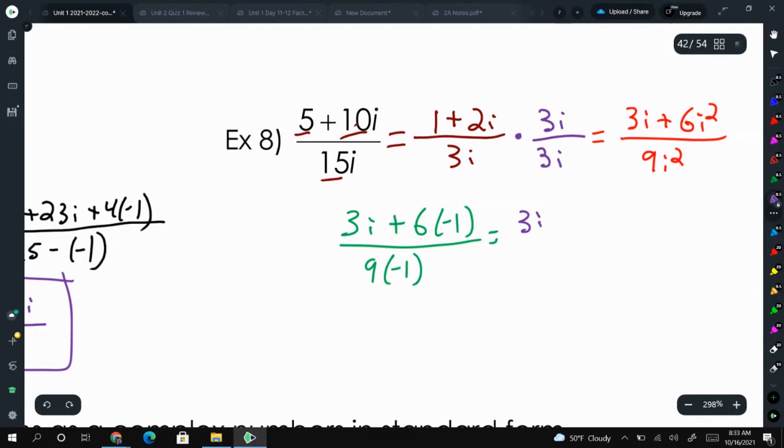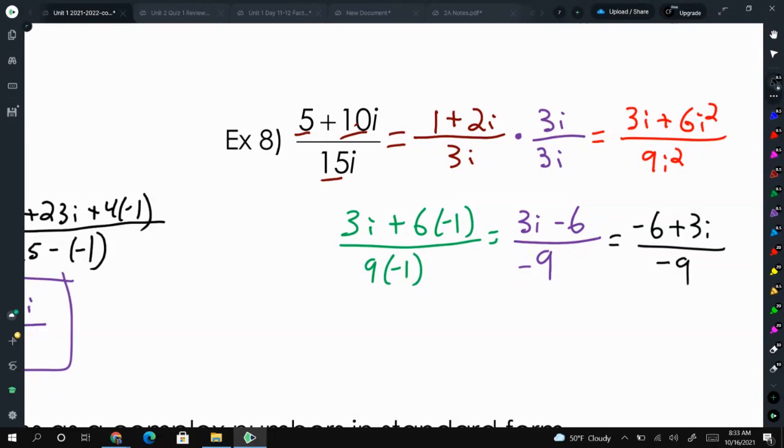And it will give us 3i minus 6 over 9. There's going to be two things that we're going to do. First, we need to rewrite this properly. The proper way to write complex numbers is put the real part first. So I'm going to have, this should be -9, I'm going to have -6 plus 3i over -9.